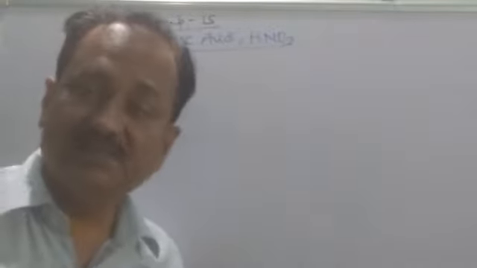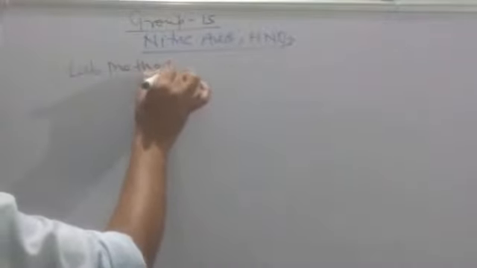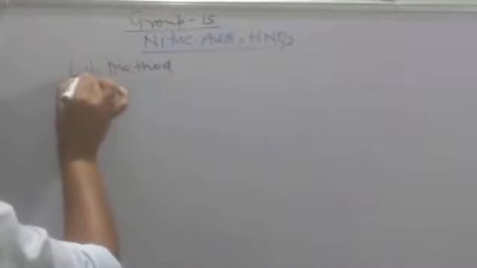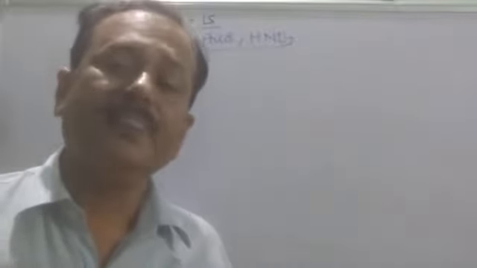Now I am going to explain nitric acid, HNO3, and first we'll see the lab method for its preparation. In the laboratory, it can be prepared for experimental purposes in very small quantity.